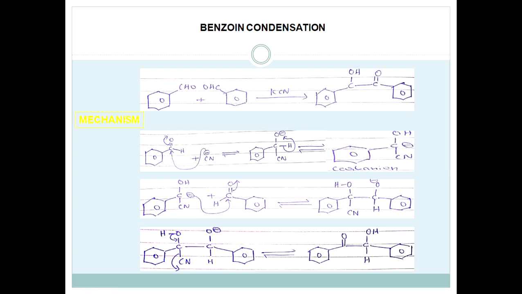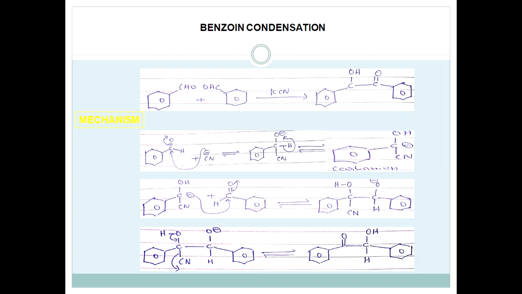The cyanide group, with its electron withdrawing nature, makes the aldehydic hydrogen more acidic, and then this hydrogen shifts from the carbon to the oxygen. Therefore, the carbanion is formed. This carbanion is stabilized by both the benzene ring and the cyanide group.